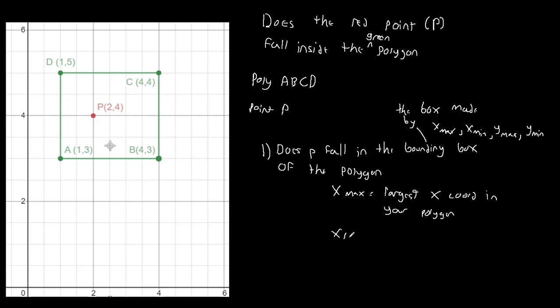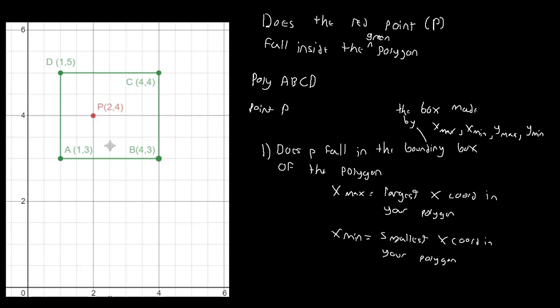x min, logically then, is the smallest x coordinate in your polygon.